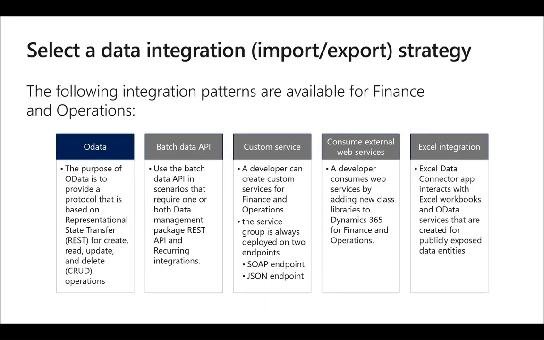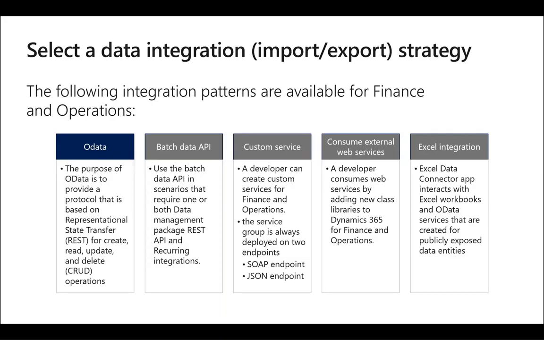OData provides the following benefits: allowing developers to interact with data by using REST for web services, providing a simple and uniform way to share data in a discoverable manner, enabling broad integration across products, enabling integration by using the HTTP protocol stack.